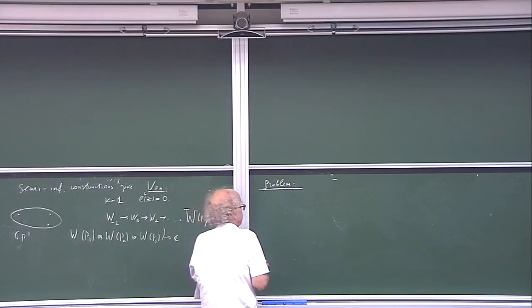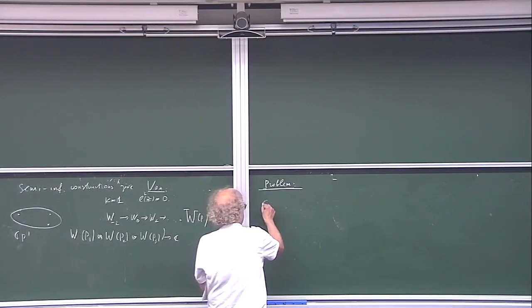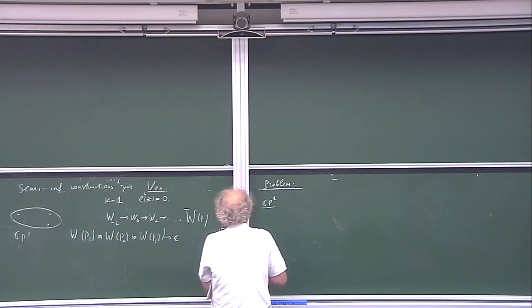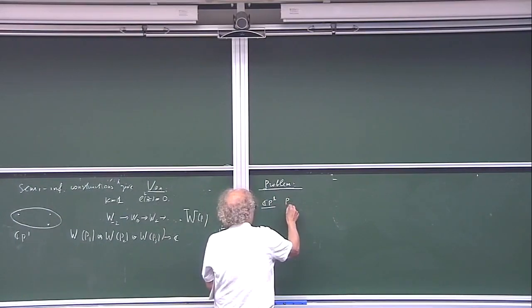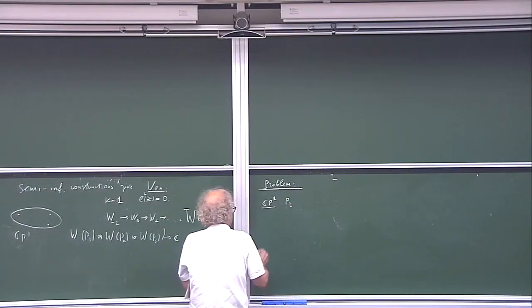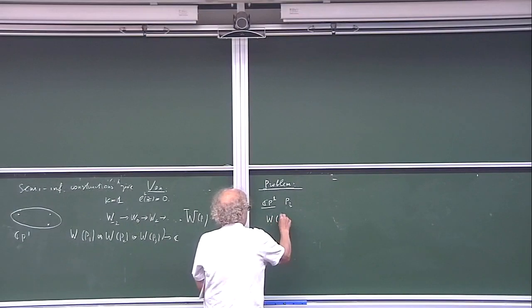A construction is following. I have CP1. I have some number of points, Pi, and I put, as I said, W in a point Pi.